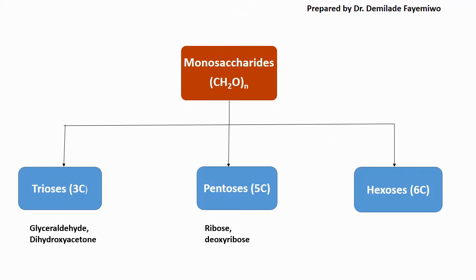Ribose is the sugar that is in RNA, and deoxyribose is the sugar in DNA, which carries all of our genetic information. You also have the hexoses such as glucose, fructose, and galactose. These are 6-carbon sugars, and all of these, irrespective of the number of carbons they have, are monosaccharides, which means they are single building blocks for other types of carbohydrates.